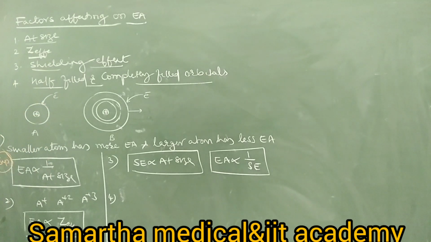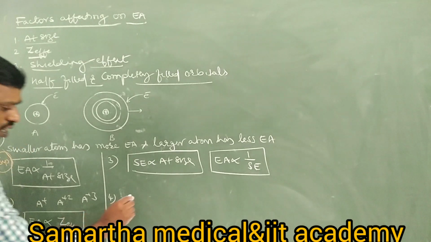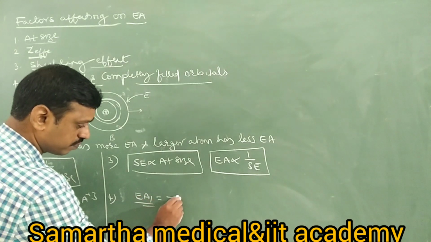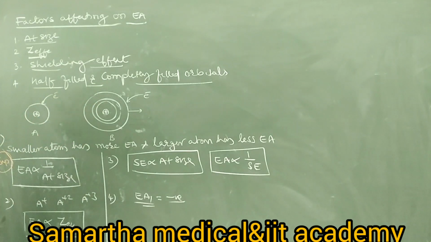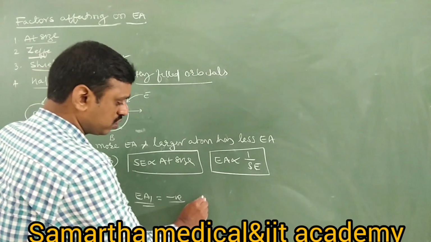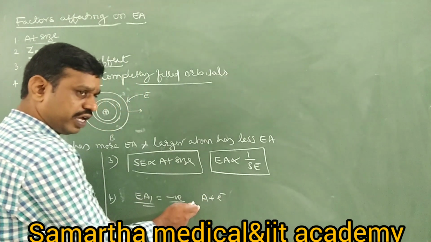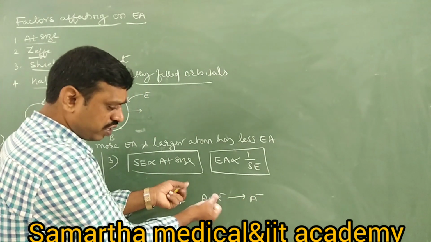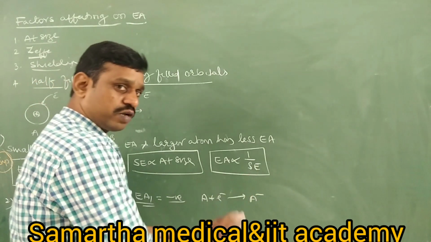It means they are having positive electron gain enthalpy. Usually electron affinity EA1 is negative for all elements. Why is it negative for all elements generally? Because they can take an electron easily. A takes an electron and becomes A minus easily because of its nuclear force of attraction. But it is exothermic.